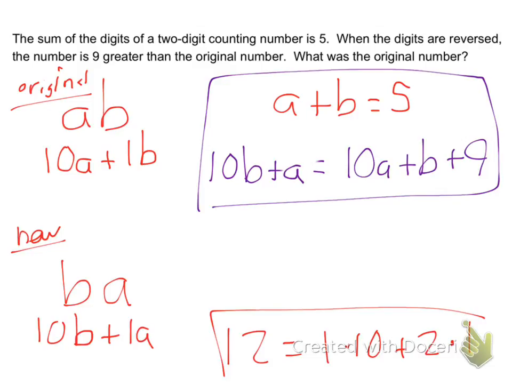Do you think that if we got these A's and B's to this side, that would help us? Yeah, because then it'll be in the same form as this. Subtract 10A. Subtract B. 9B minus 9A equals 9.